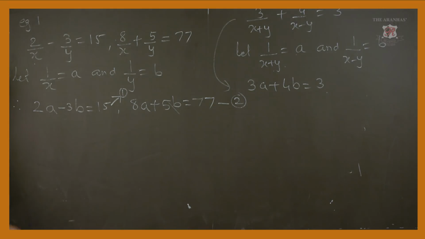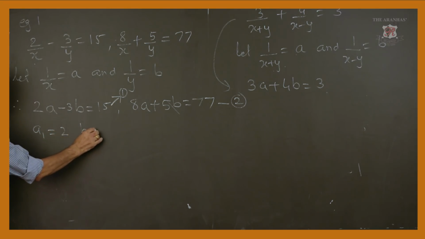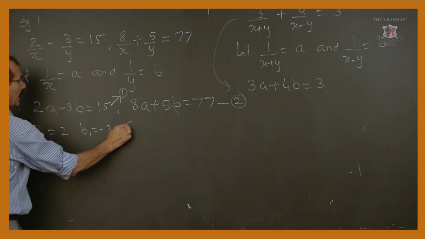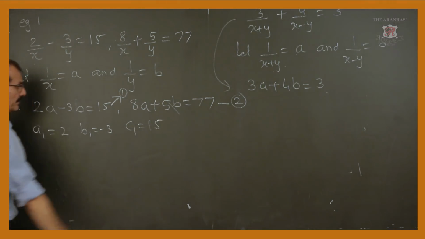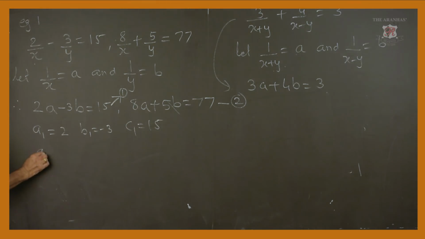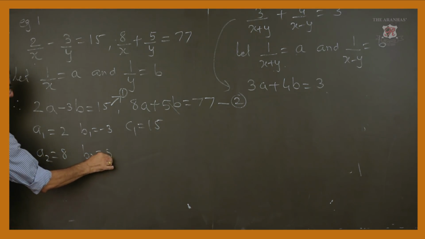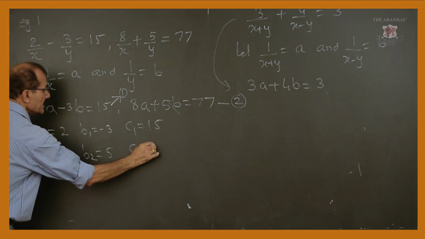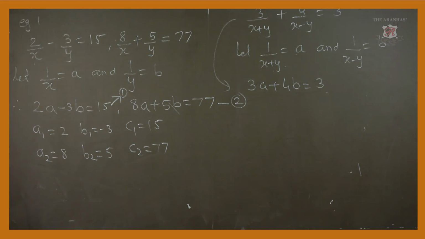So here I get a1 as 2, b1 as minus 3 and c1 as 15, a2 as 8, b2 as 5 and c2 as 77.